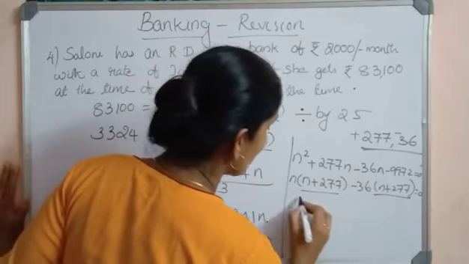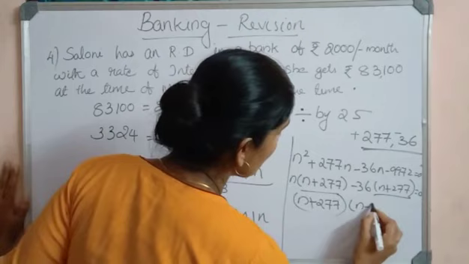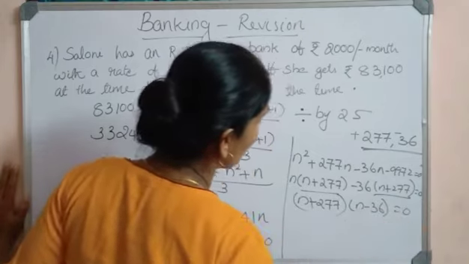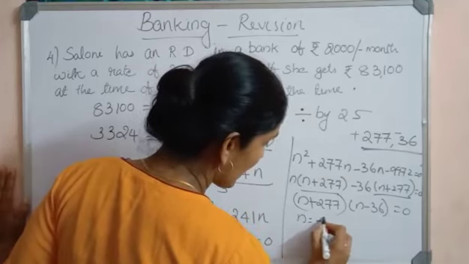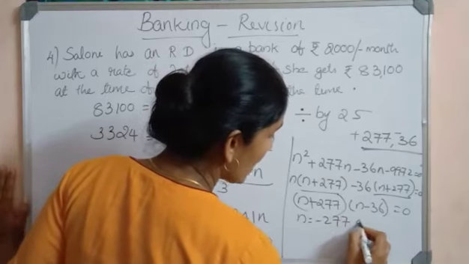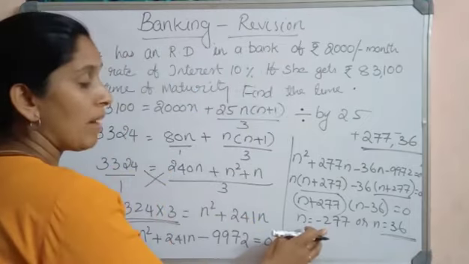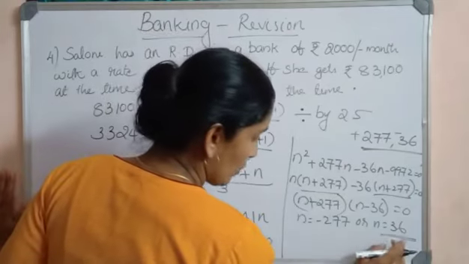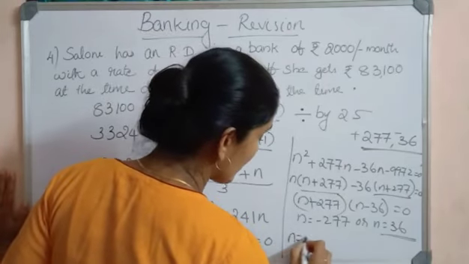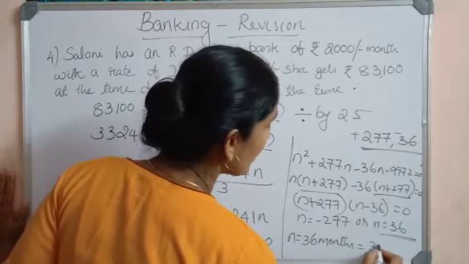So n plus 277 into n minus 36 is equal to 0. By using the zero product rule, n is equal to minus 277 or n is equal to 36. Here you cannot consider minus 277 since time cannot be negative. So n is equal to 36 months. That is the same as 3 years.